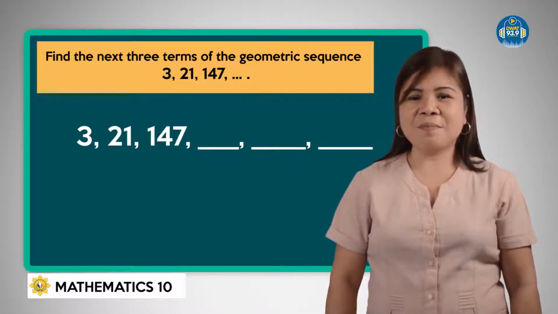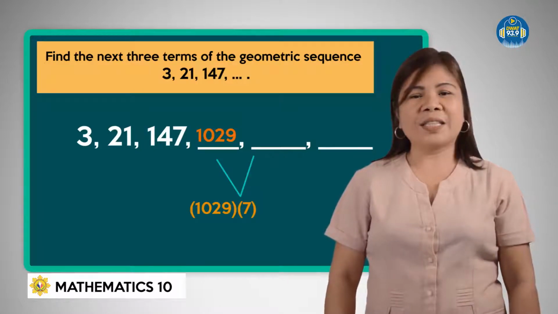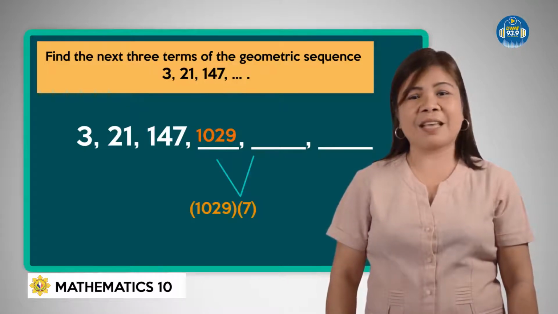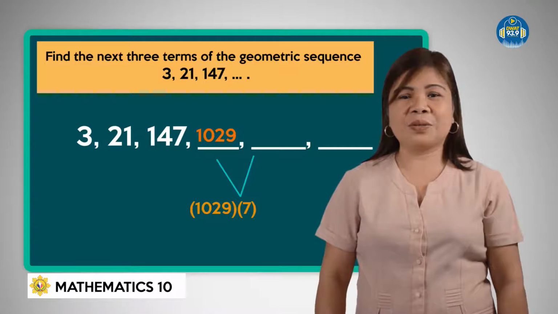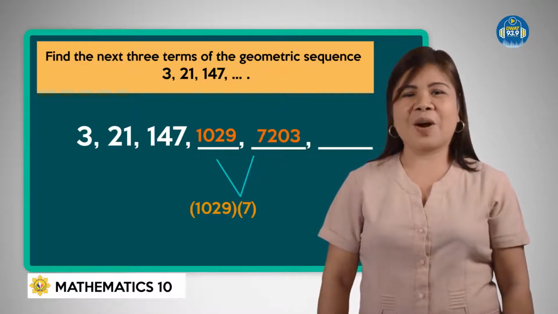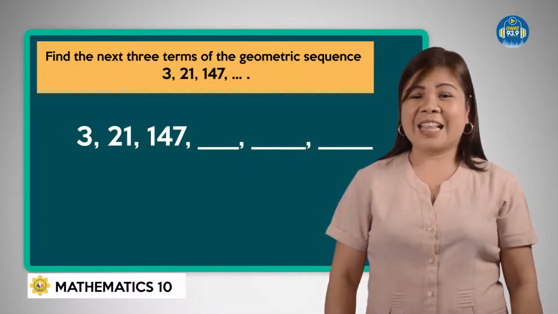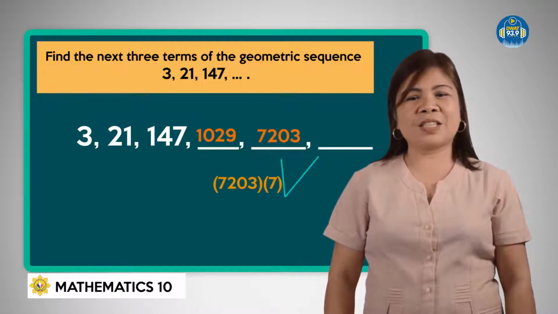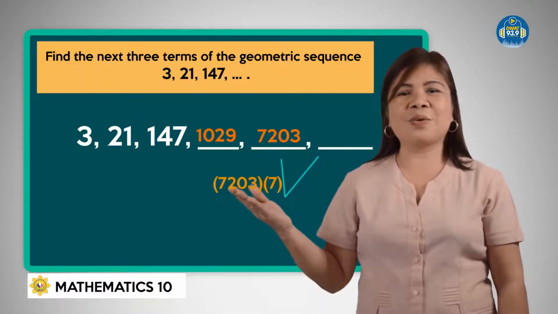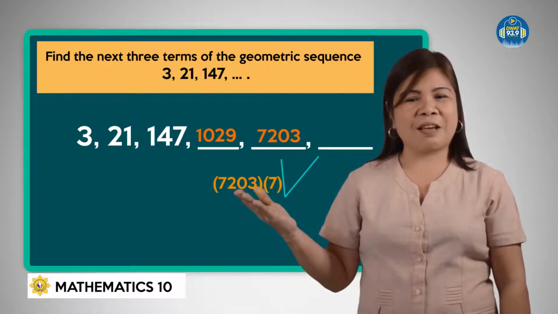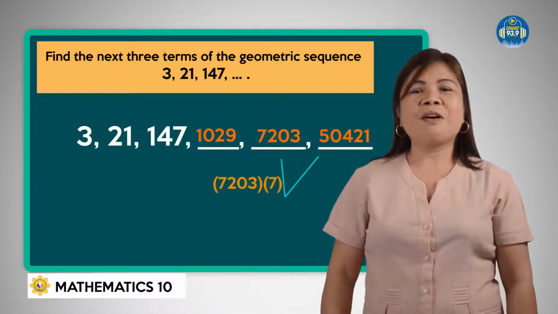A sub 5 is equal to 1,029 times 7, which is equal to 7,203. And the last, A sub 6, which is 7,203 times 7, is equal to 50,421.